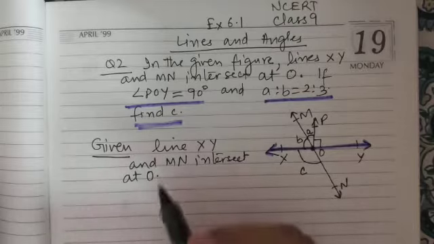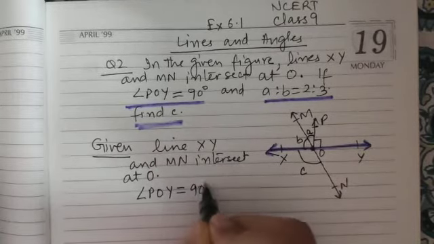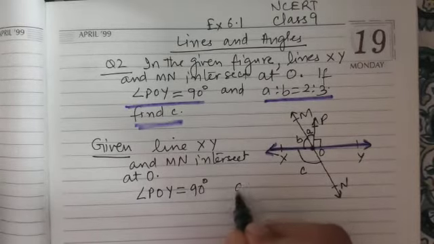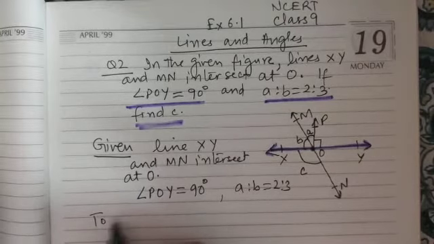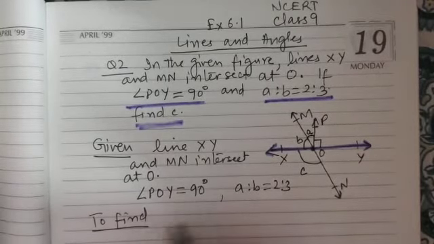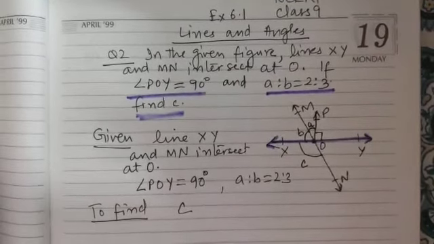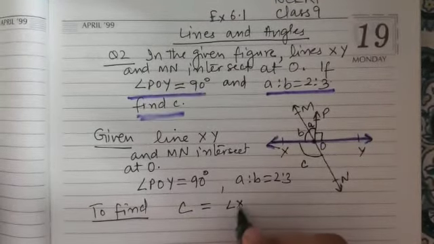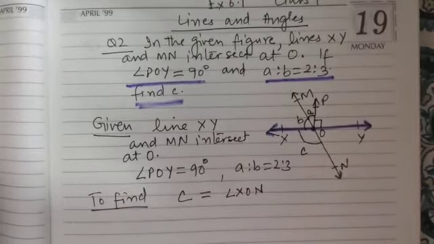It helps actually. Also it is given that angle POY is 90 degrees, A is to B is 2:3 and we need to find the value of C, which is the measurement of angle XON. Right? So let us do this question now.